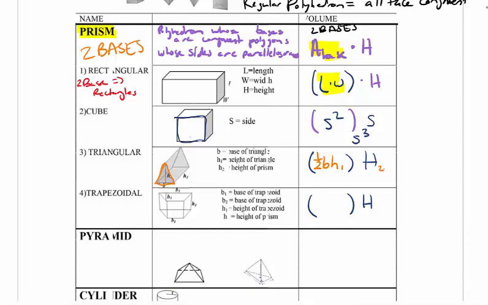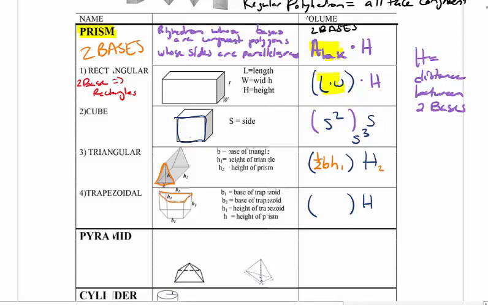So this capital H that I have on the outside is the distance between the two bases that match. So don't get confused with two different h's. They use h1, h2, but just understand that the height on the outside is really the distance between the two bases.